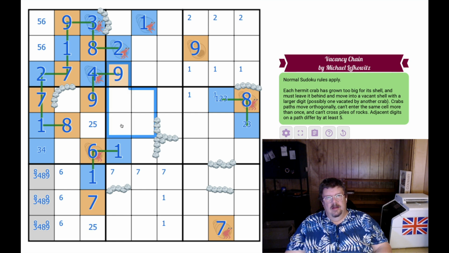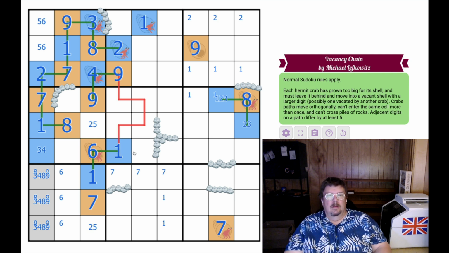Can it do that? Let's put in a different color to see if that's feasible. No, because one of these is going to have to be a 6. Okay, so it doesn't come down at all then. That is clearly what I'm learning from that.